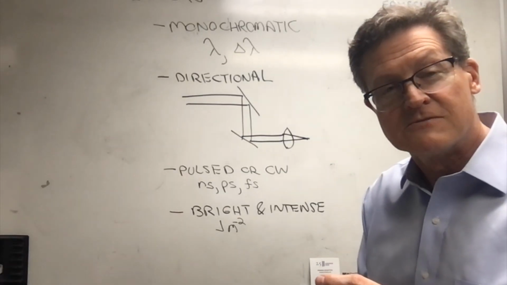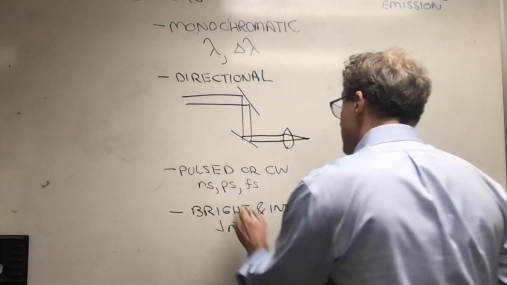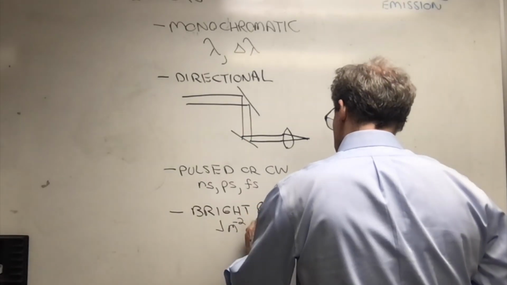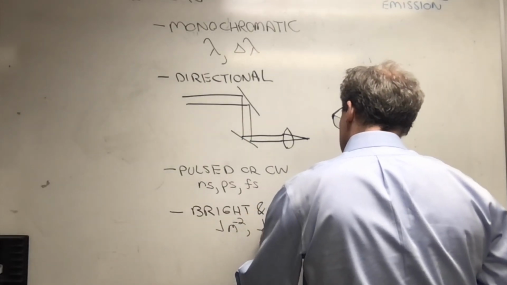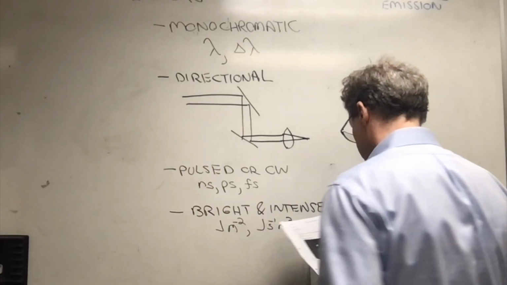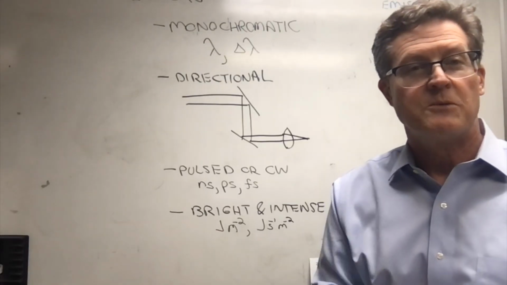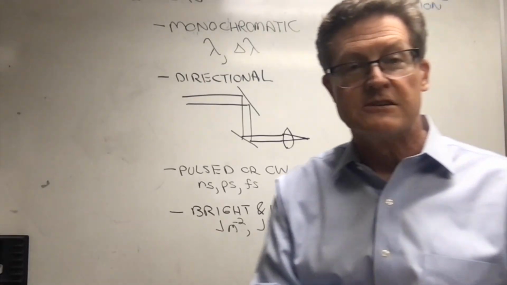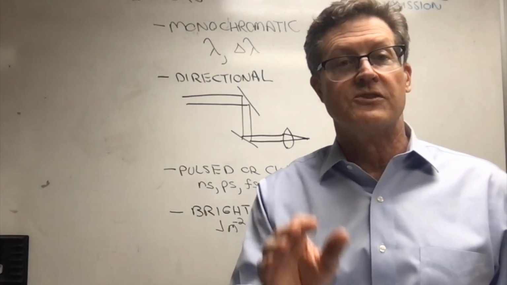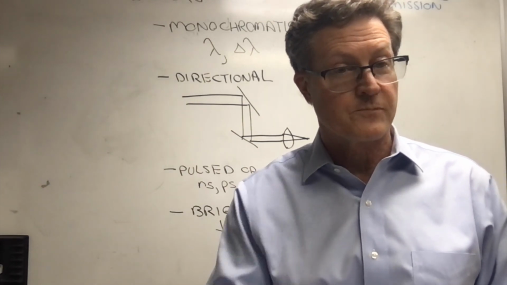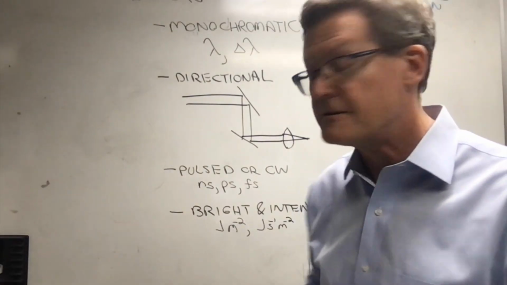We can pack those photons into a short time in these pulses as well and get high power densities, joules per second per square meter, right? And when we pack a lot of photons into a small area in a small amount of time, we get really high electric fields. Those electric fields can be comparable to the fields that hold electrons into an atom. And we'll see the implications of that later.